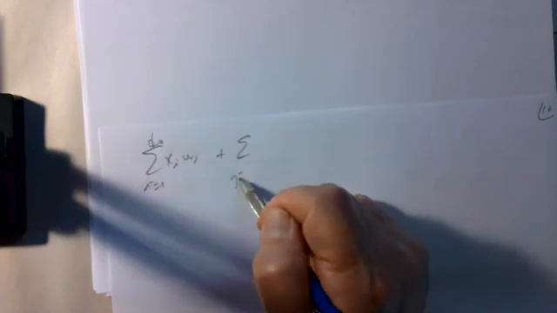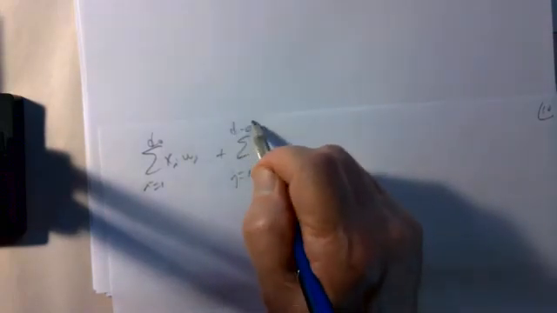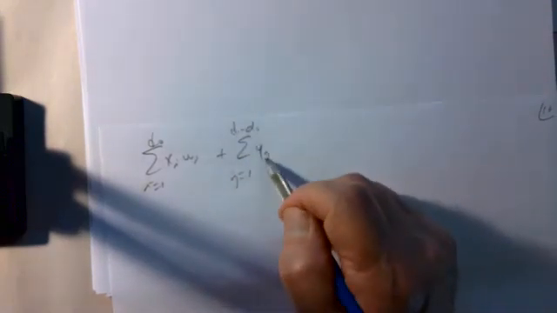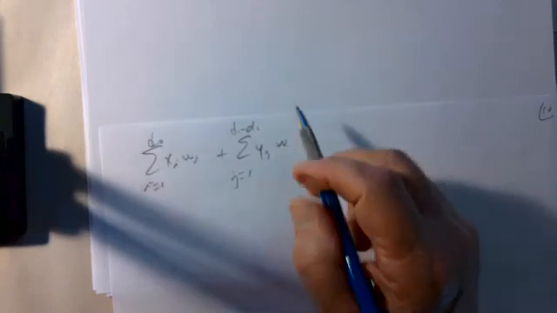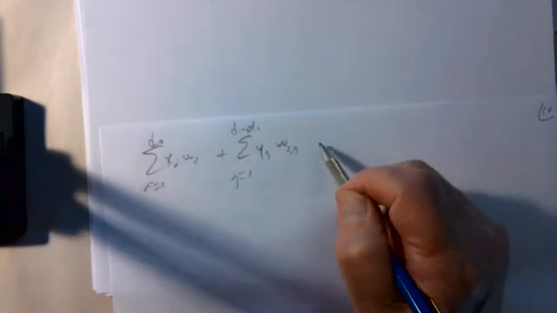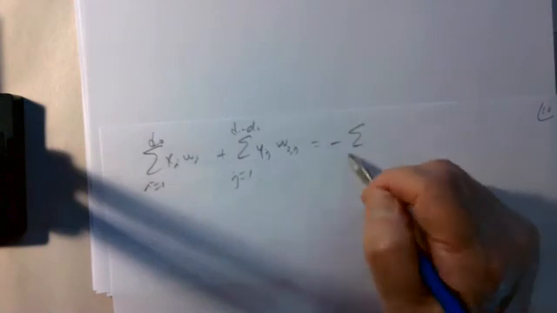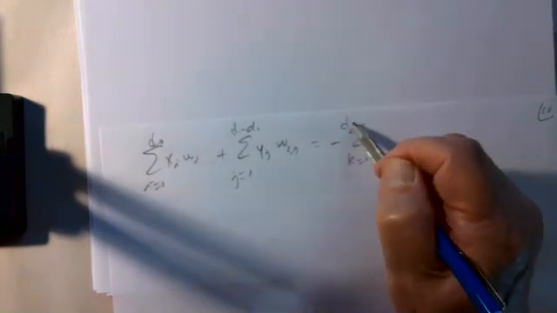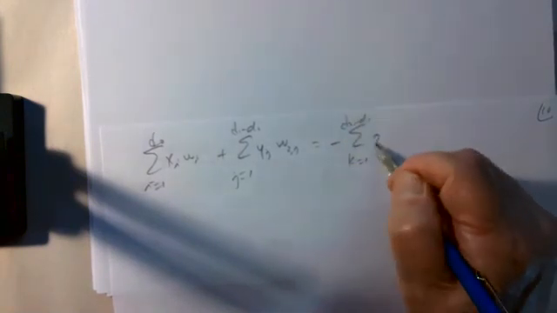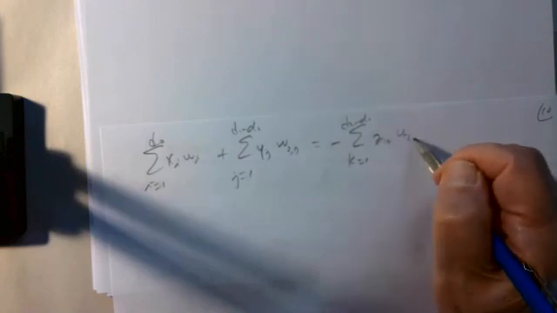We get the summation x_i w_i, i goes from 1 up to d0, plus summation j goes from 1 up to d1 minus d0, the y_j w_{1,j}'s, equals minus summation k goes from 1 to d2 minus d0, the z_k w_{2,k}'s.